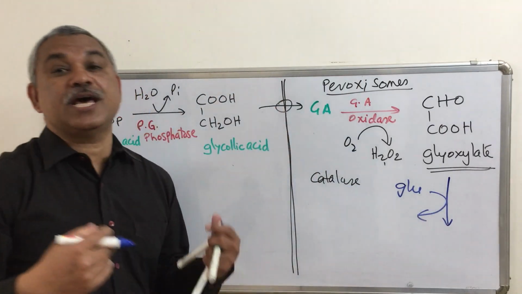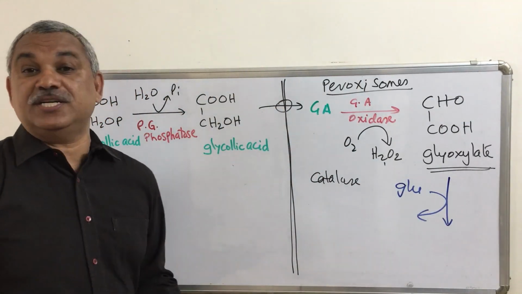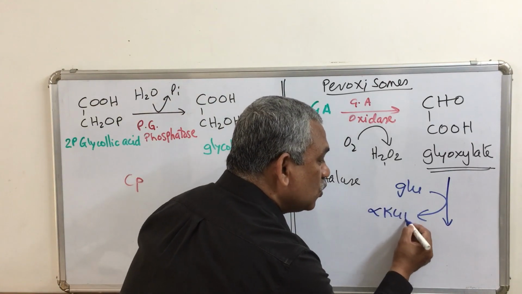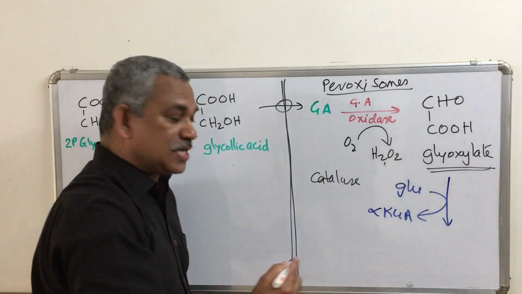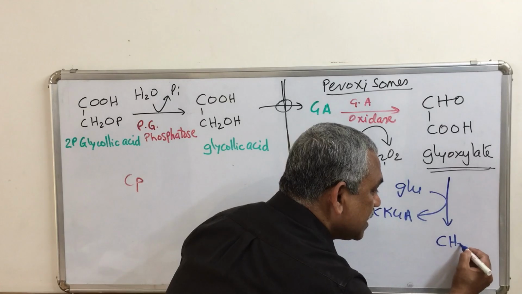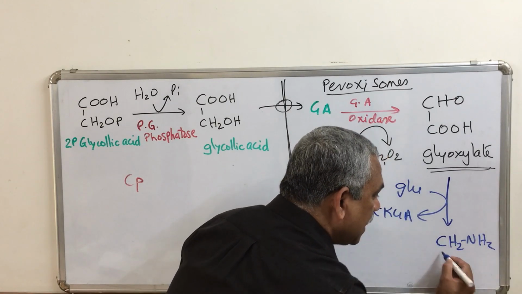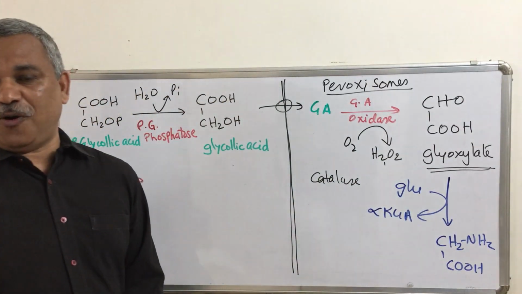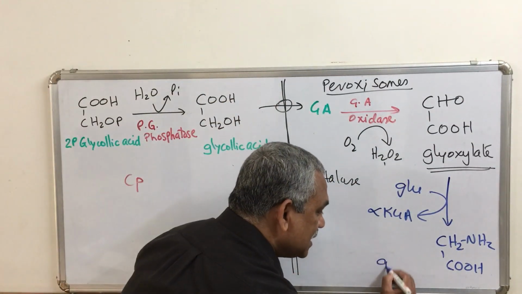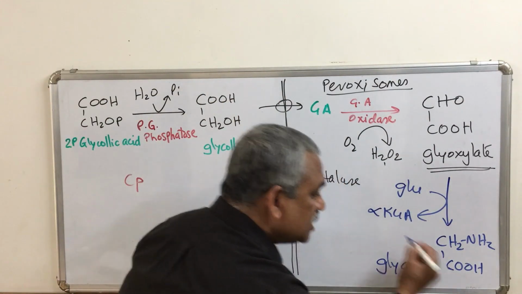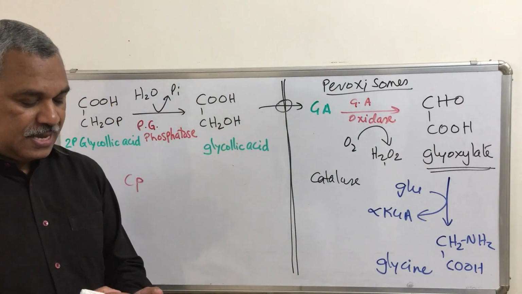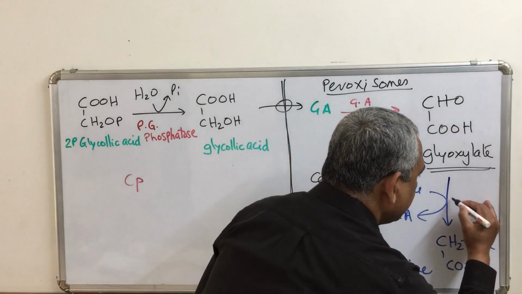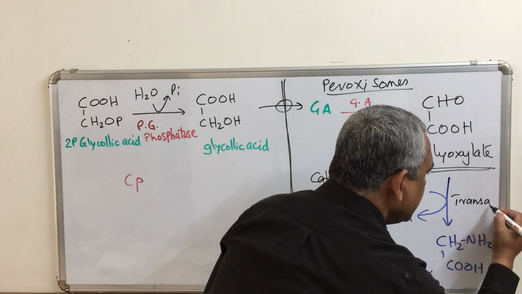Once the amino group is transferred from glutamic acid, it becomes alpha ketoglutaric acid. The amino group is transferred there, so therefore it becomes CH2NH2 and COOH. An amino acid is formed, and this is glycine. Glycine is produced in the peroxisomes, and this conversion is catalyzed by a transaminase enzyme.